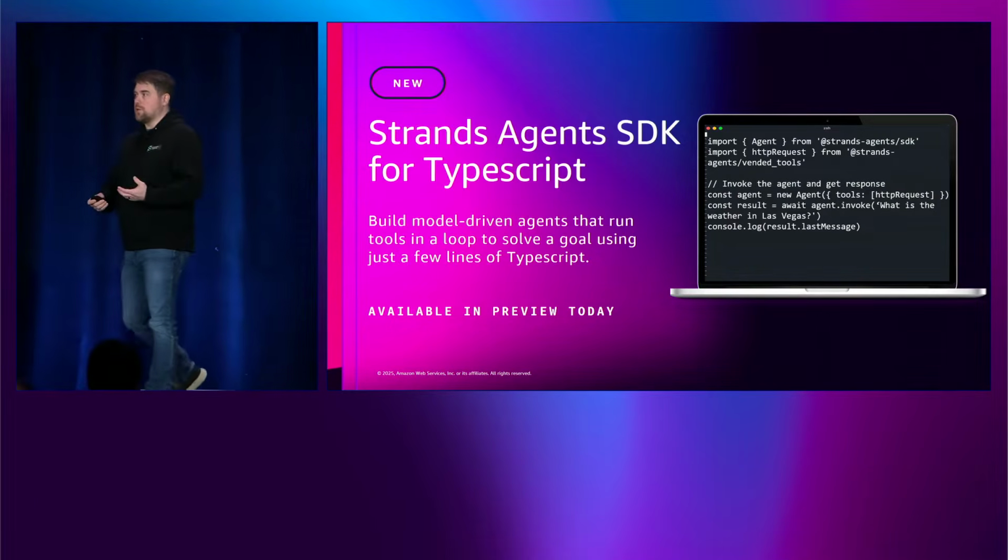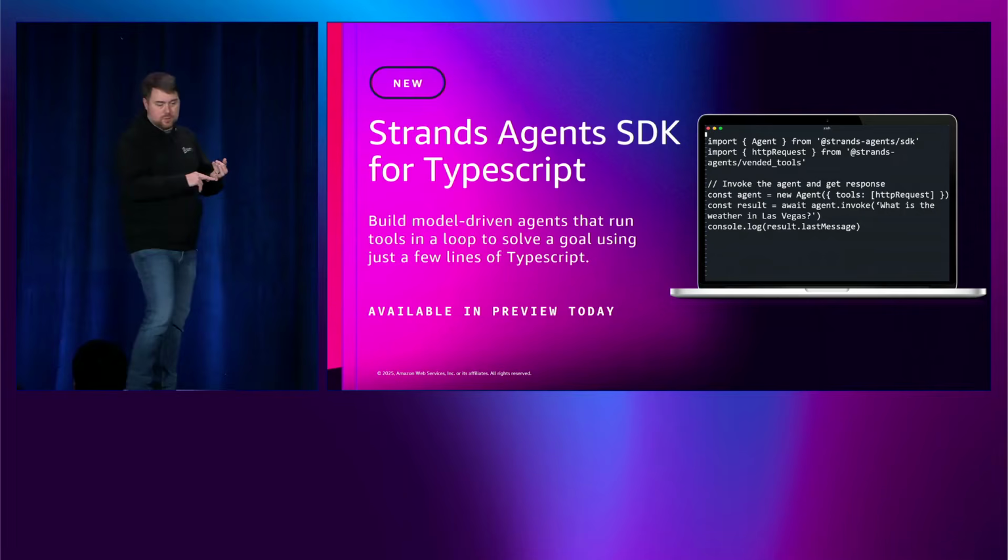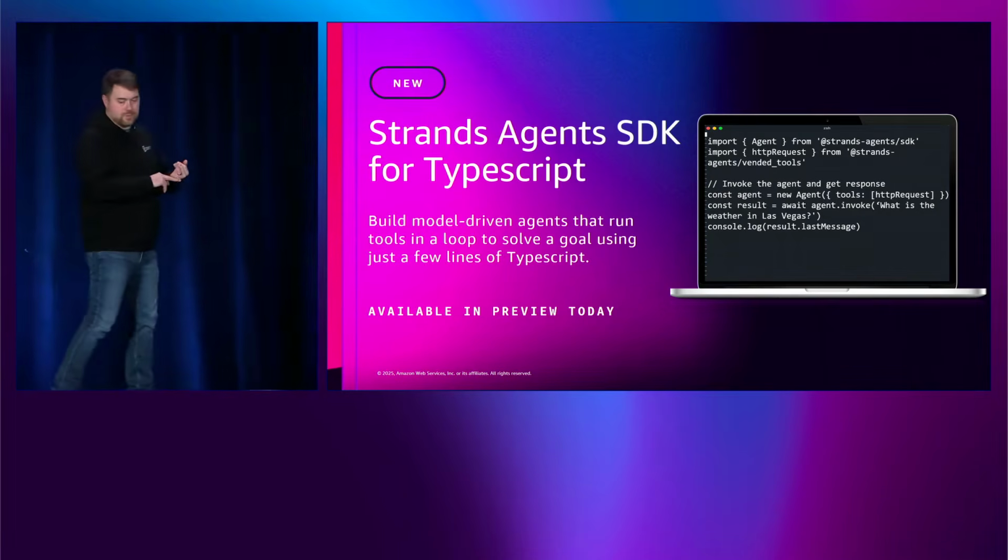There are some limitations, though, in this preview release as we get to a 1.0 that is on parity with Python. So just note, this is about building single agent systems today. We haven't added in our multi-agent patterns. Some other functionality might be missing. We're going to fast follow here in the few weeks with things like OpenTelemetry. But today, you can use our basic features like Bedrock and OpenAI models.